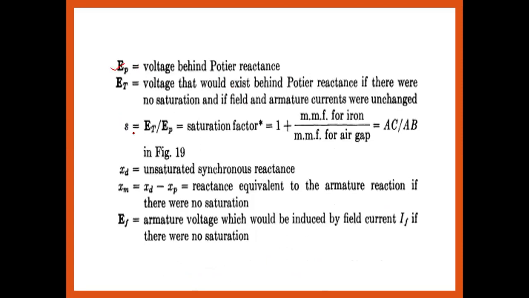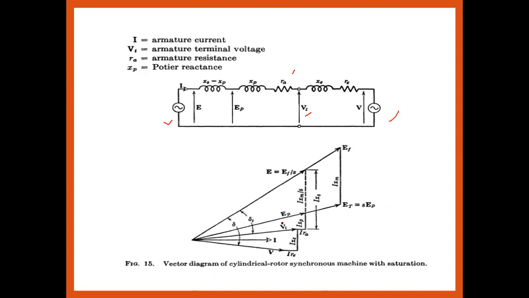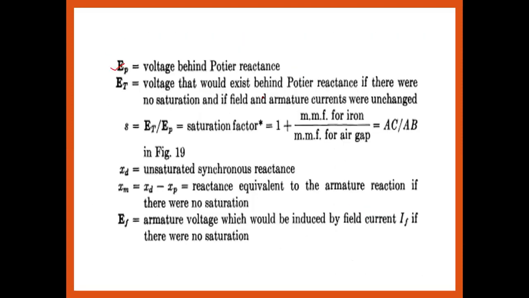Okay, what is the value of ET? The value of ET is nothing but S multiplied by EP. What is ET? It is the voltage that exists behind the Potier reactance if there was no saturation and if the field and the armature current were unchanged.